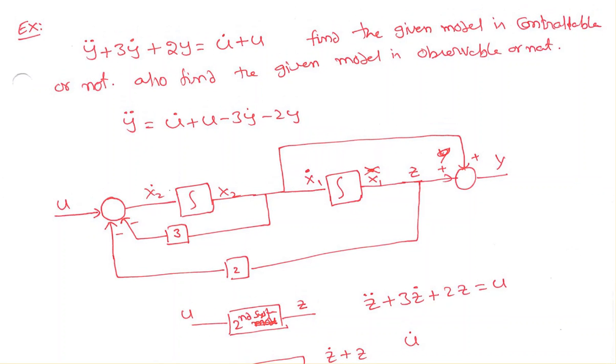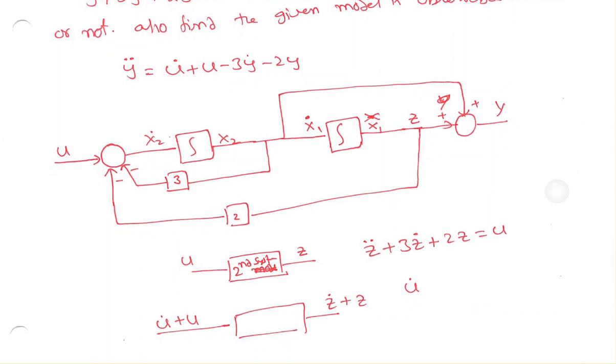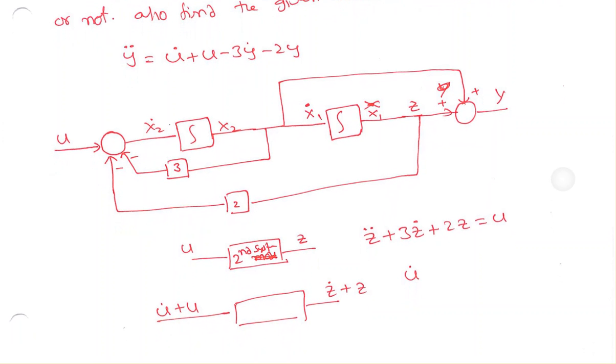First I'm going to find the state equation and output equation by using the controllable canonical form, and I draw the simulation diagram. How to do the controllable canonical form? Please watch my controllable canonical form videos.